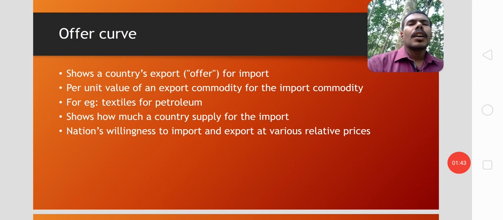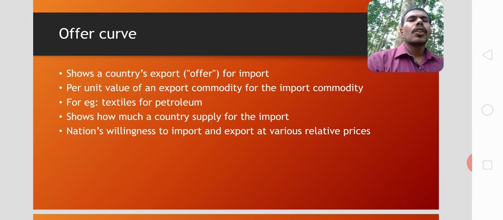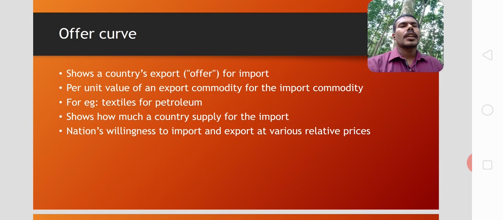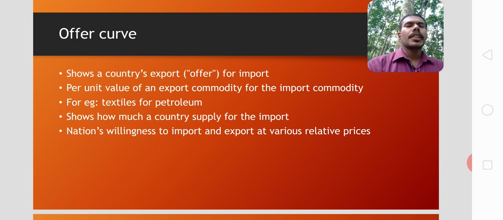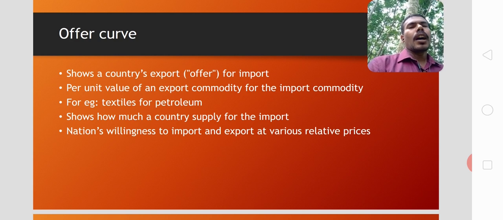And what does offer mean in the offer curve analysis? This is the offering of commodities as export for import. Each nation is involved in international trade. They export commodities and they import commodities. So how much do they receive as import for their export?